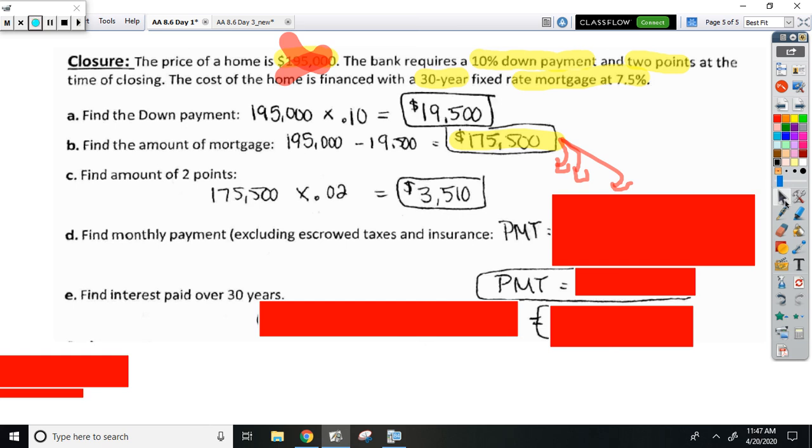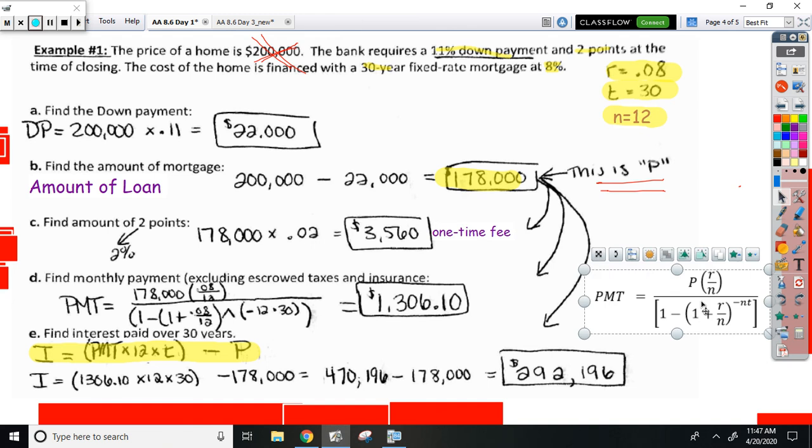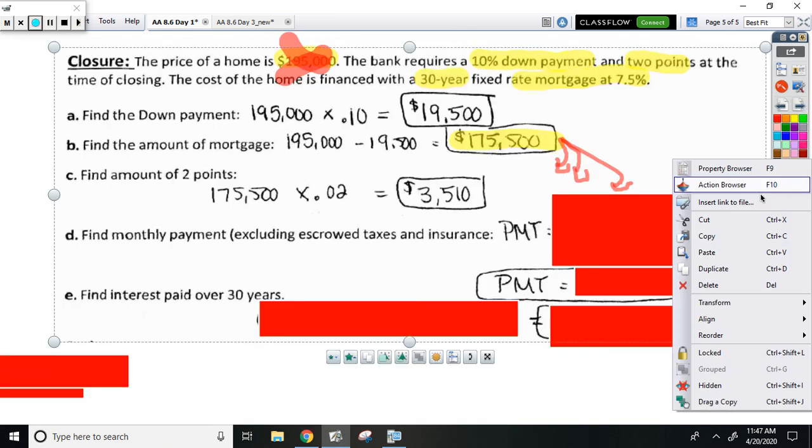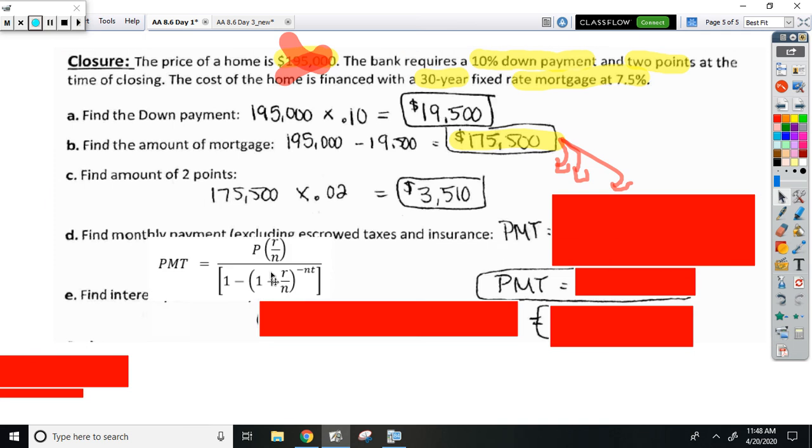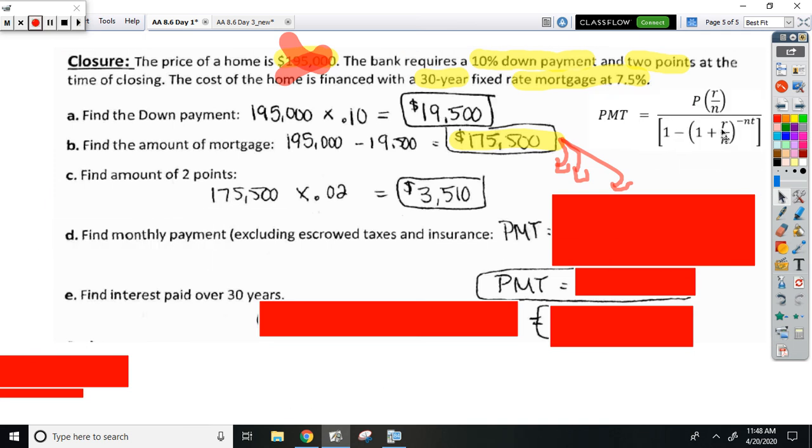we are going to be using our PMT formula from the last slide. So let me just copy that on over. So our PMT formula right here. Remember our P value is right here. Our R value, be careful. The R value is 0.075. N is 12 and T is 30.